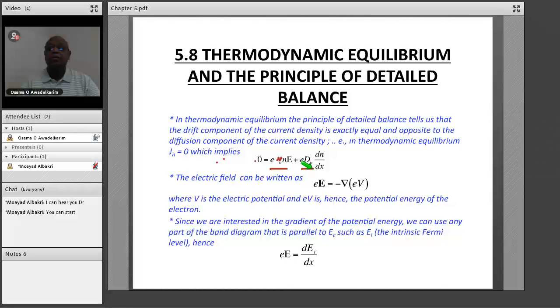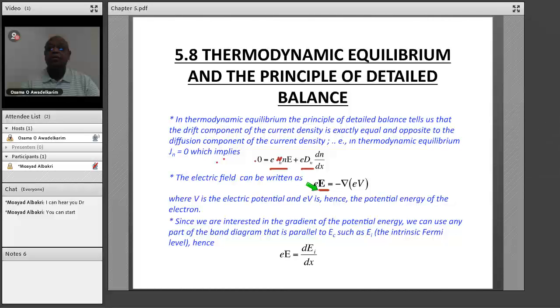So if you have an isolated semiconductor, you have an internal electric field and you have gradients in concentration. Because of this, you have drift and you have diffusion, and after a little bit you reach equilibrium with zero net current. The internal electric field comes from the energy of the carriers in the semiconductor.